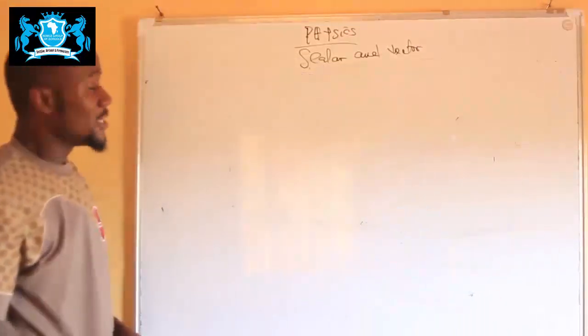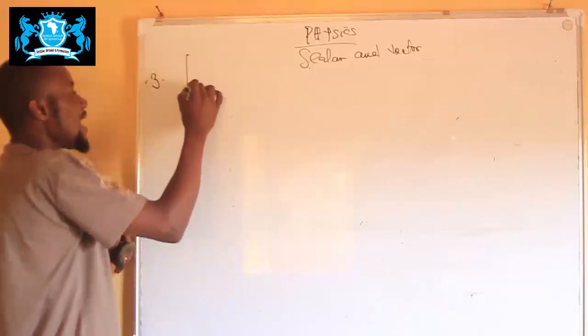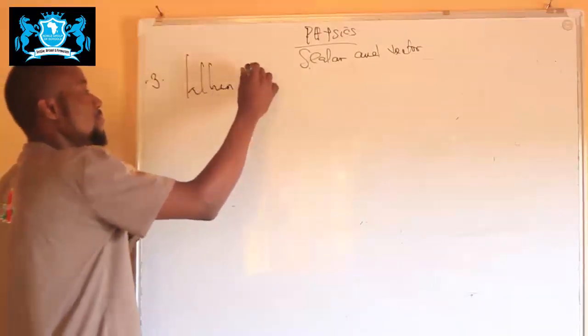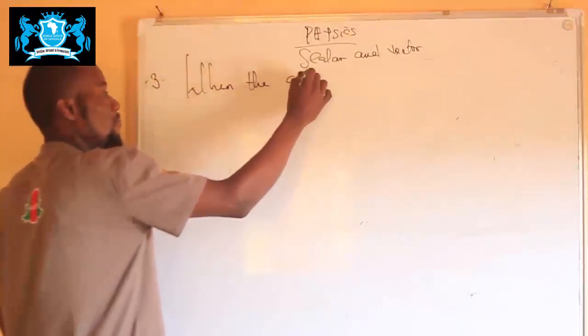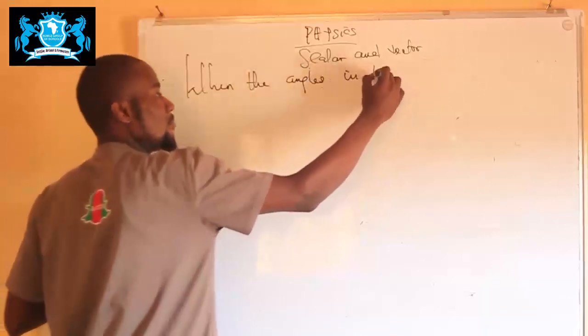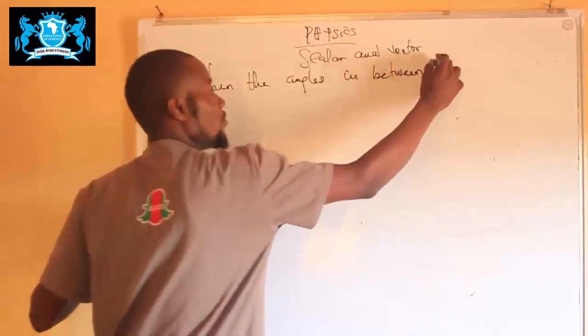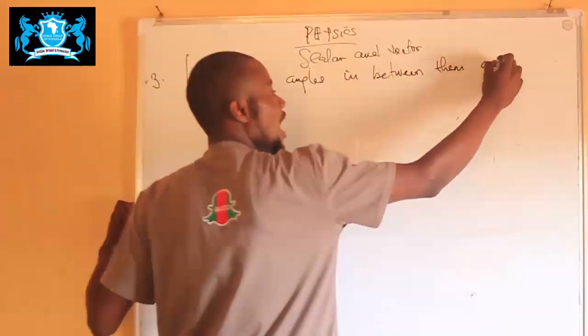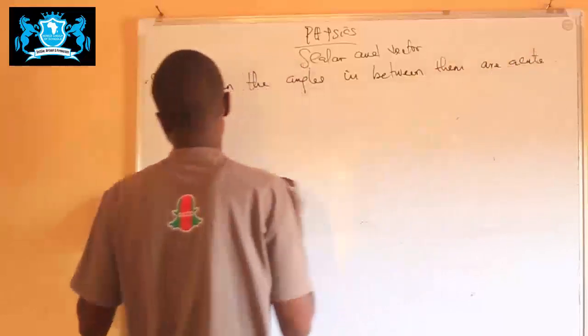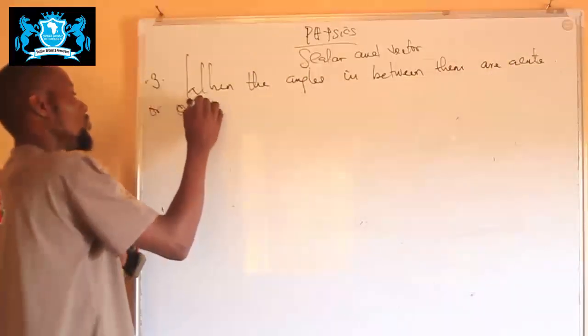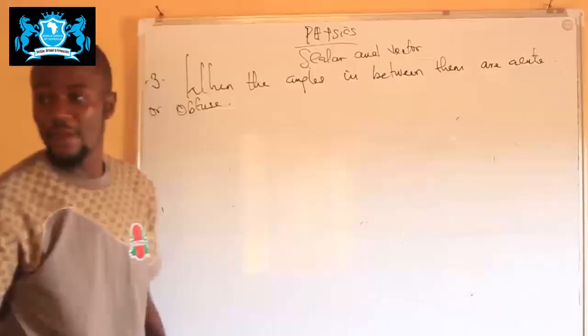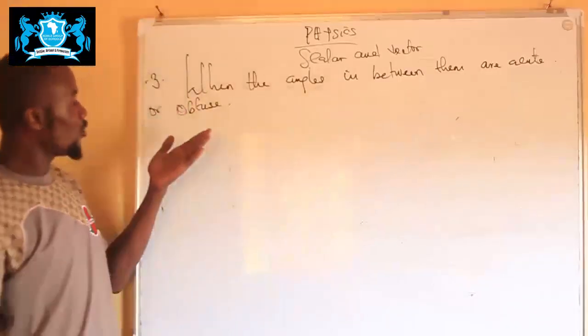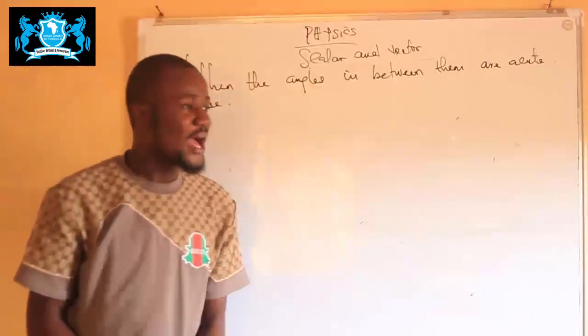Another condition that we can use is when the angles in between them are acute or obtuse. Now we have three of them. We have the acute angle, we have the obtuse angle, and we have the reflex angle.